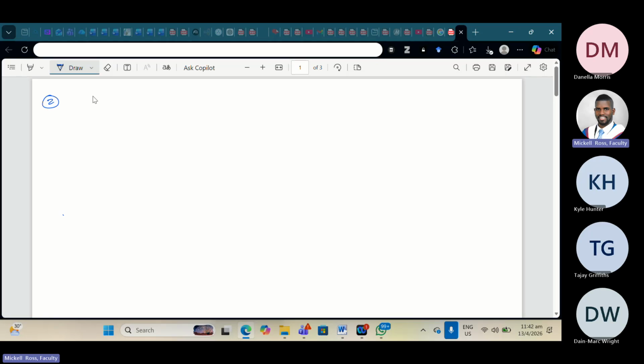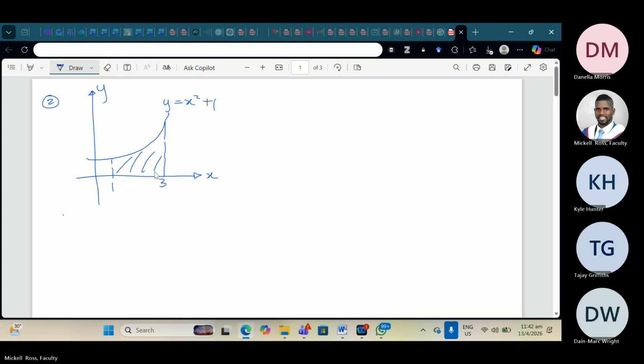All right, say for instance, we have this function here, and it is rotated about the x-axis.